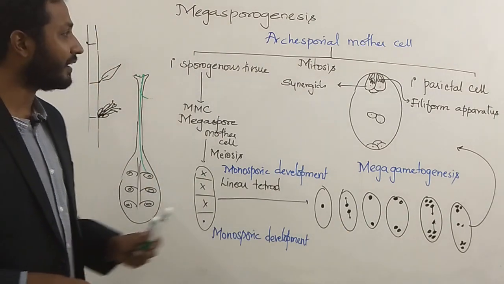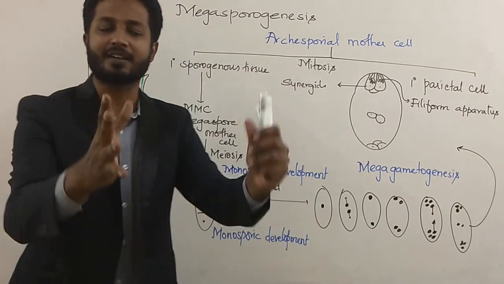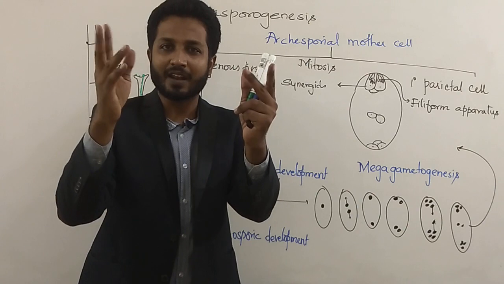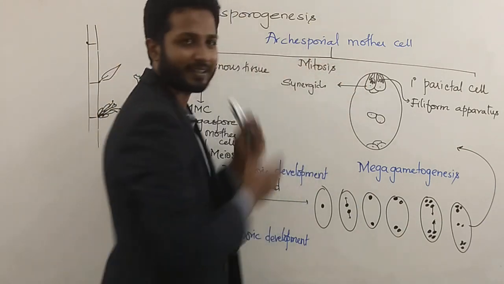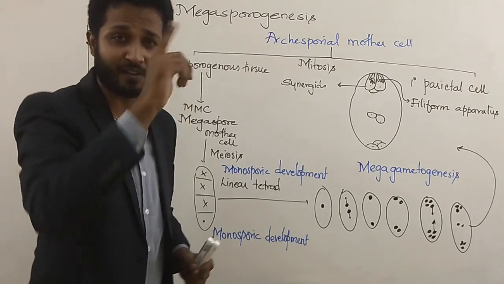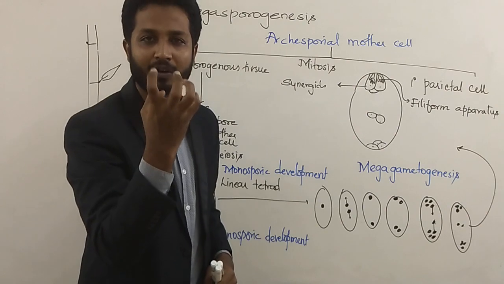This is mainly because this filiform apparatus continuously releases chemicals. These chemicals will attract that pollen tube towards the so-called filiform apparatus. So what is the function of synergids? It helps in attracting the pollen tube.